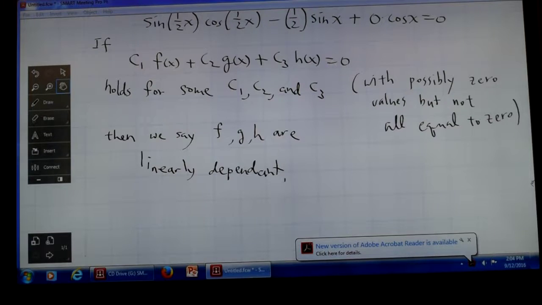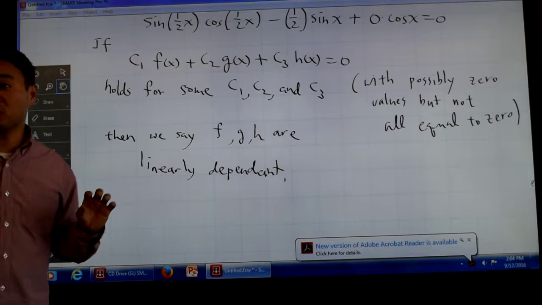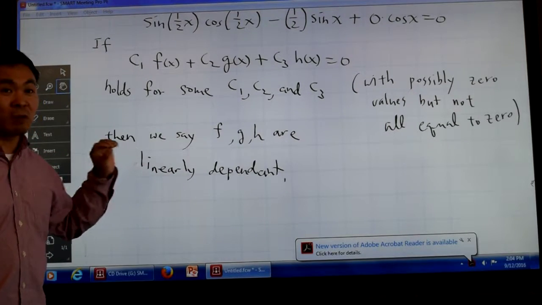You say these are all linearly dependent. And that's the case where we have to be careful. We want to avoid such a case.